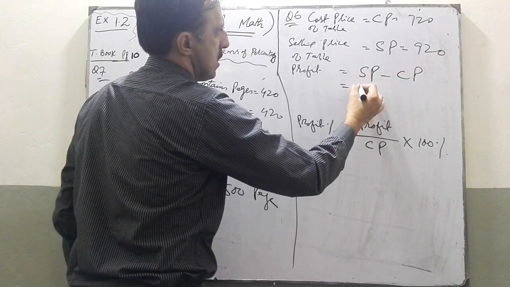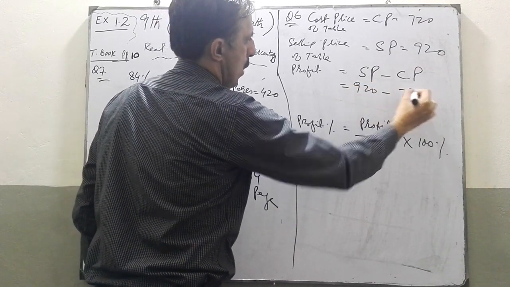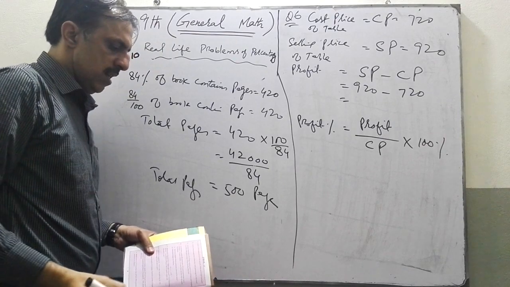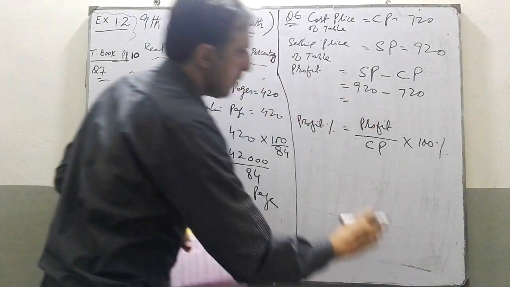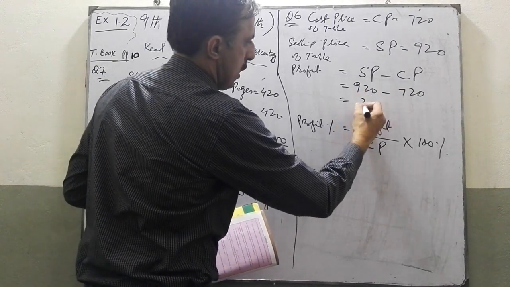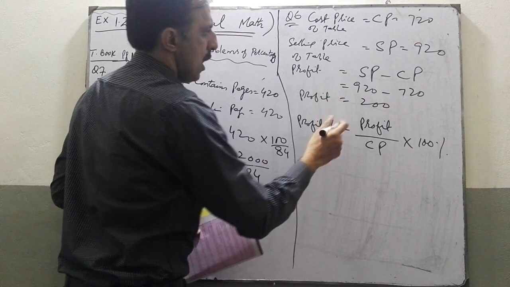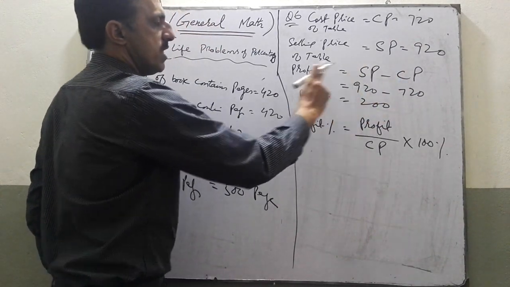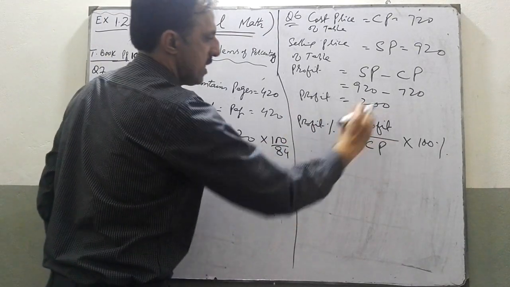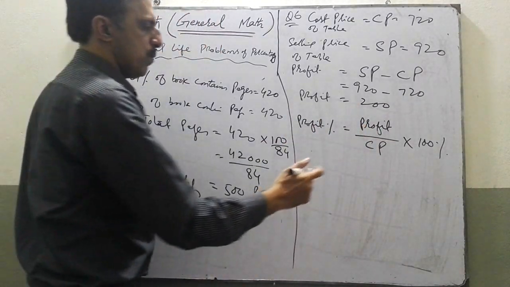The selling price is 920 and cost price is 720. So 920 minus 720 is 200. That is your profit. If loss, the formula is cost price minus selling price. Then this is your loss. The formula is the same, just profit replaced by loss. Then your answer is loss percentage.